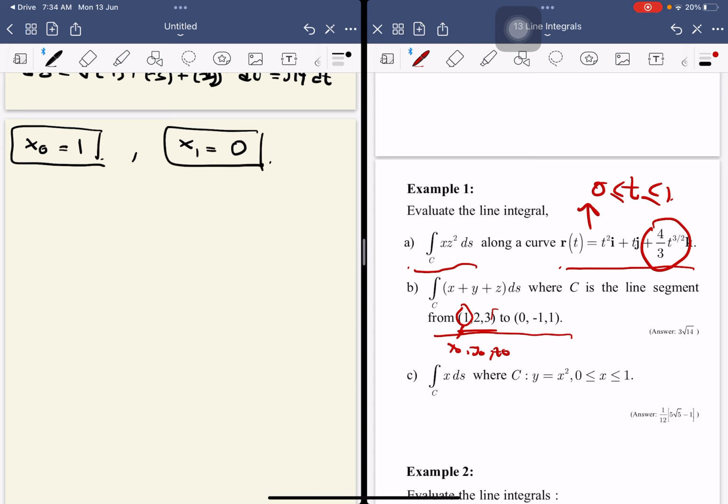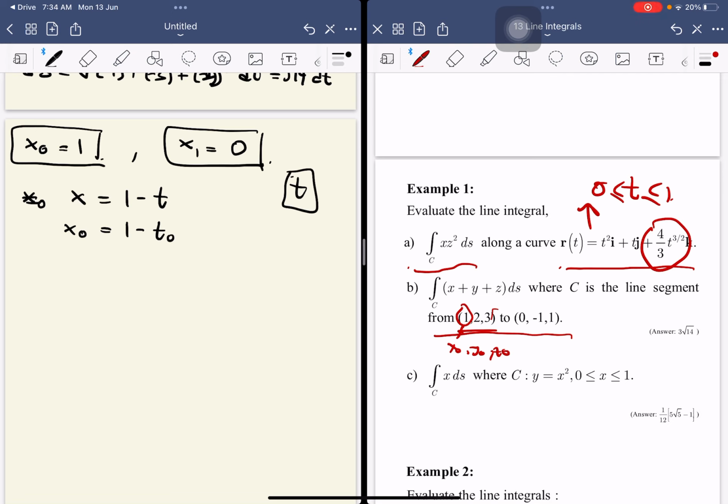For example, from the equation, the original equation is x equal to 1 minus t, right? So if we take x naught equal to 1 minus t naught, because we'd like to find the limit for t now.